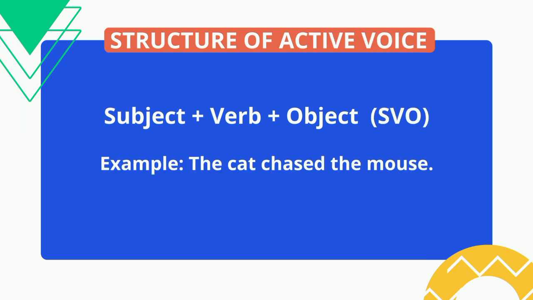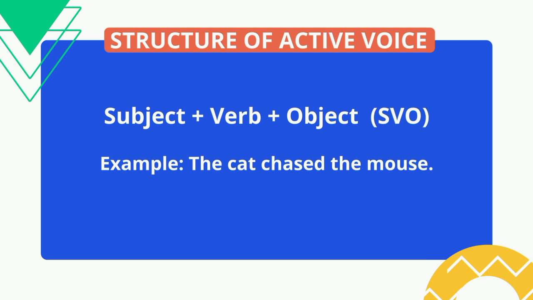So what is the structure of an active voice? In an active voice, we have the subject followed by the verb and followed by the object. SVO. Subject, verb, object.